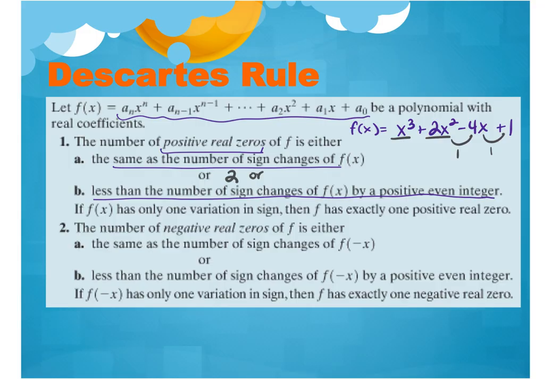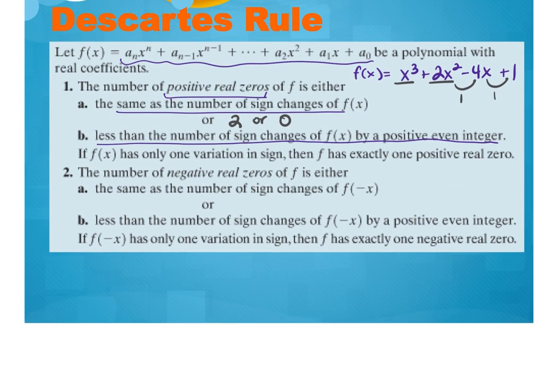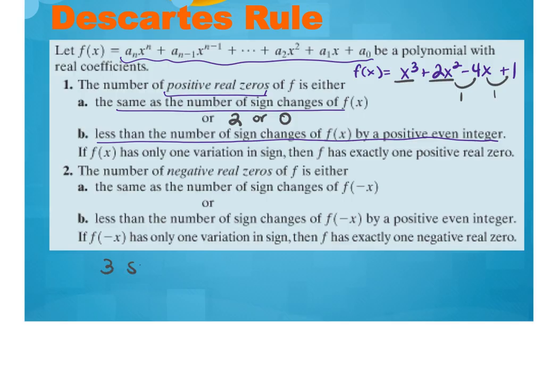So if I subtract 2 from 2, I get 0, which means there are either 2 positive real zeros or there are no positive real zeros and 2 non-real zeros, because those come in pairs. So if I had counted 3 sign changes, then there would be 3 or 1 positive real zero.